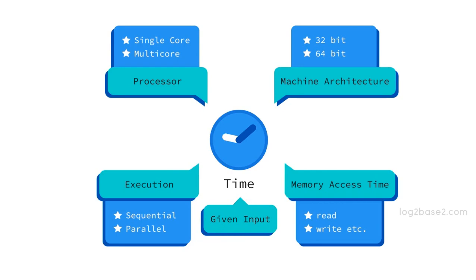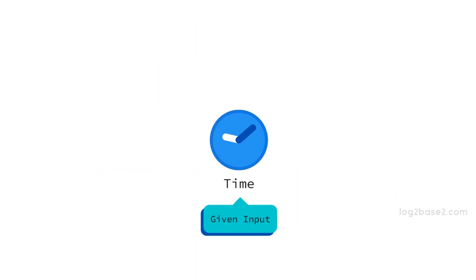And when we analyze the time complexity of an algorithm, we do not bother about all these factors such as machine architecture, processor, its execution, etc. Because these are machine dependent factors which may vary from machine to machine. So in general, we analyze the time complexity of an algorithm based on the given input.